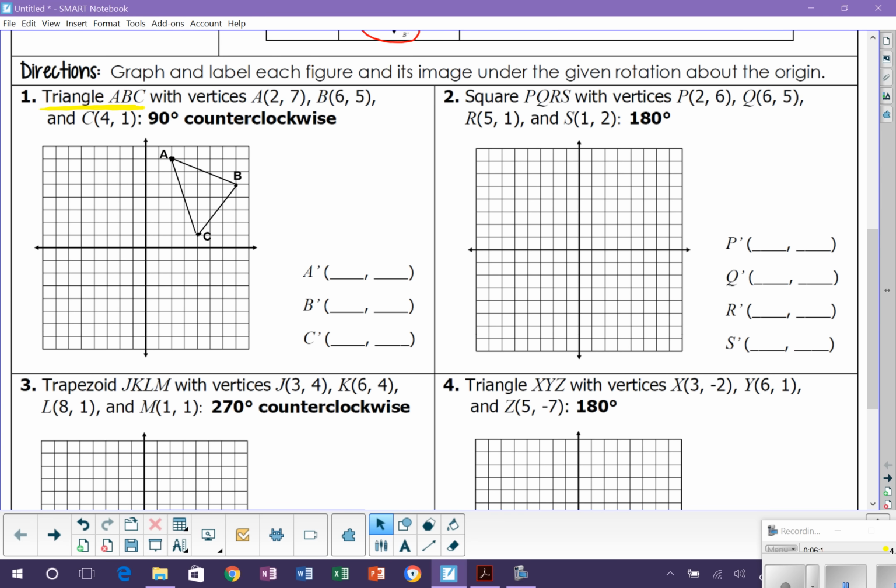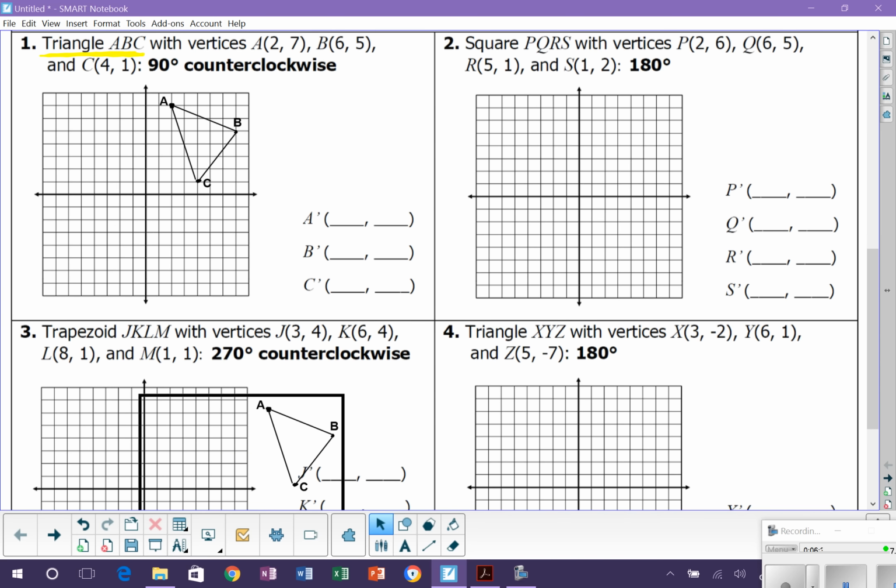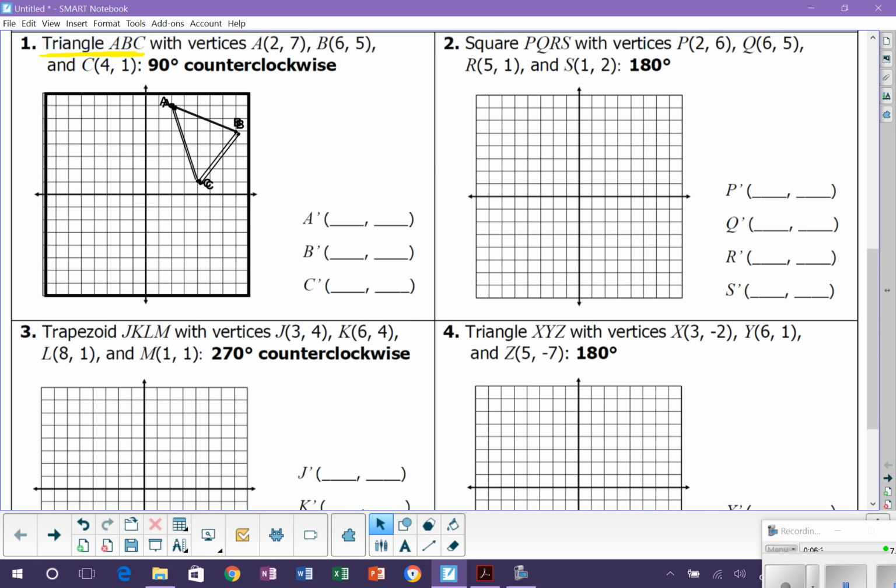Hopefully you have plotted your triangle this way. And we're going to rotate this triangle 90 degrees. So by doing that, what I have done is I've got this.